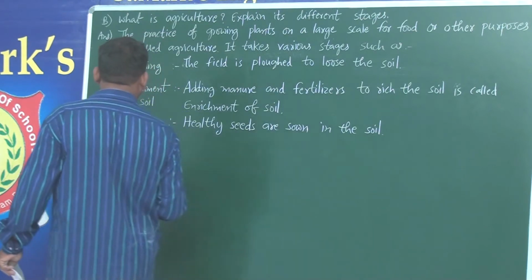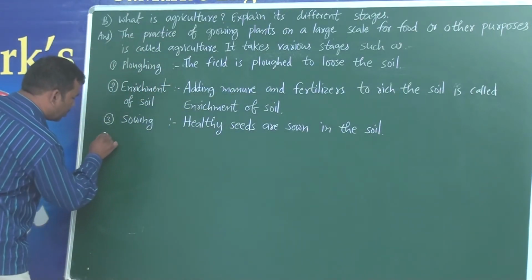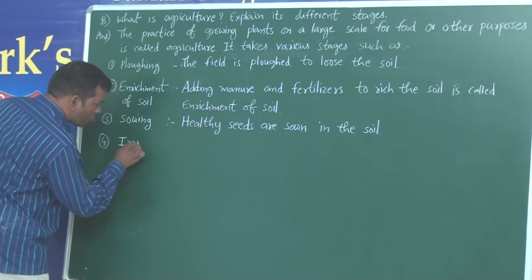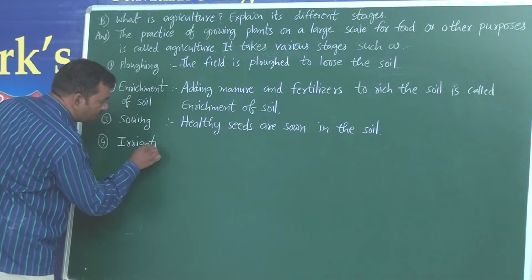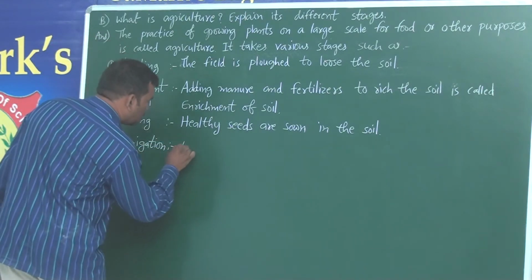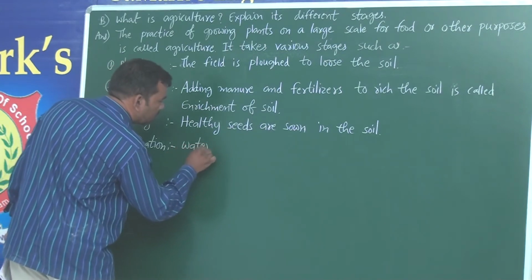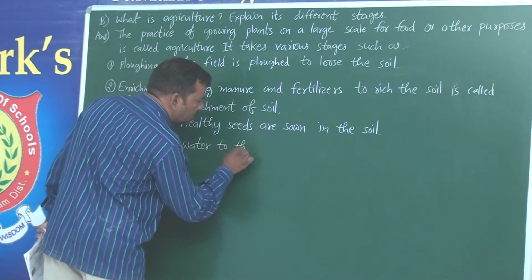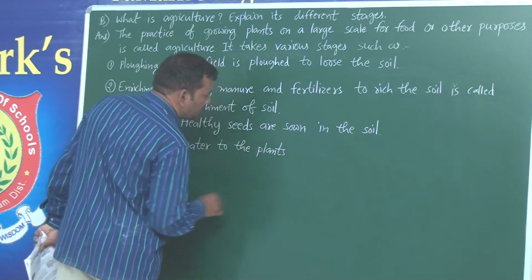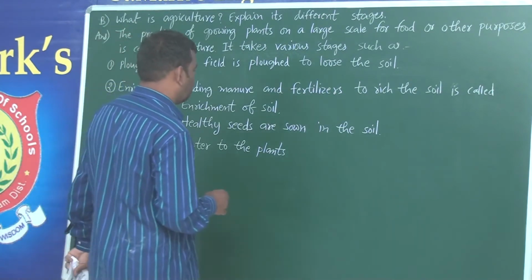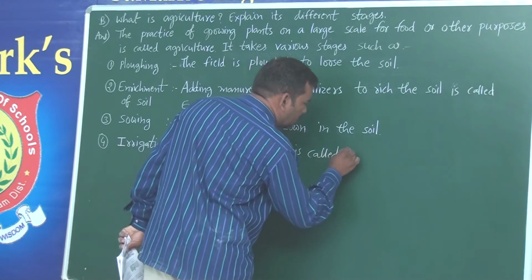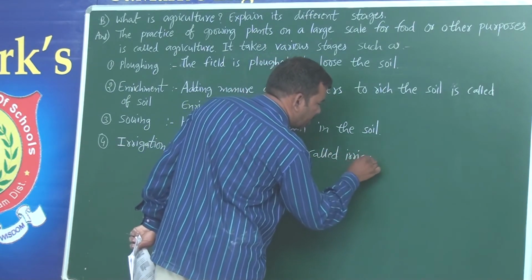So this is the third stage, and the fourth stage is irrigation. Water to the plants. Irrigation.